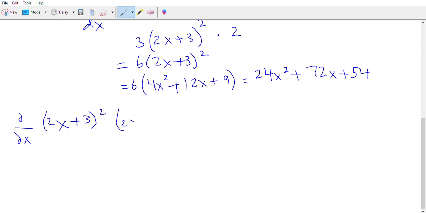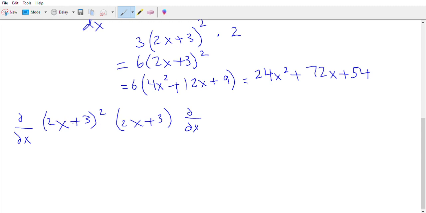Now, if you do know the formula of a plus b cubed, then you can go ahead and do it. I actually don't know it, so I'm just going to do it this way. So we got to remember to keep the d over dx, because I'm not taking the derivative yet.